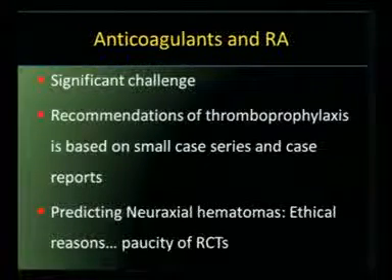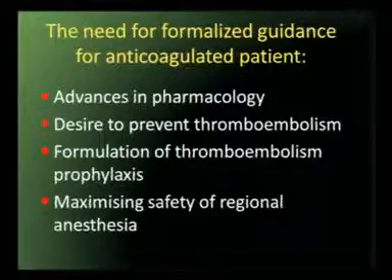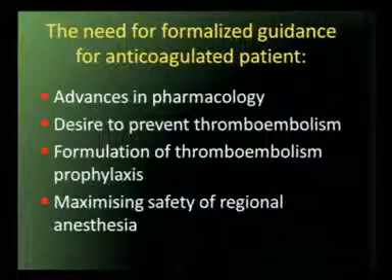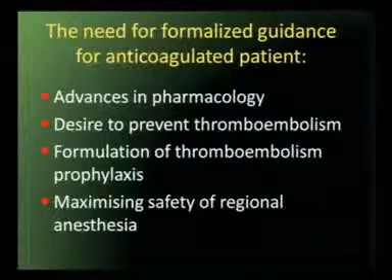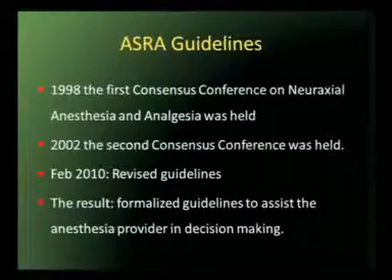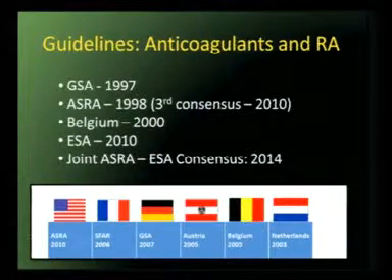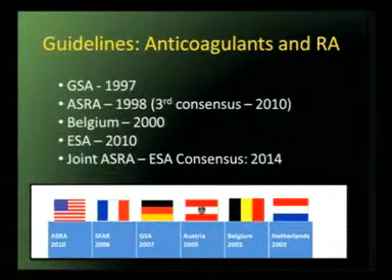There are several recommendations, and there is a paucity of data and a paucity of RCTs for ethical reasons. So to form good guidelines to prevent or minimize adverse events or maximize safety in regionals, several associations have formed several guidelines. And to our dismay, we have guidelines from ASRA, from France, Germany, Austria, Belgium, Netherlands, and everybody, with subtle differences.